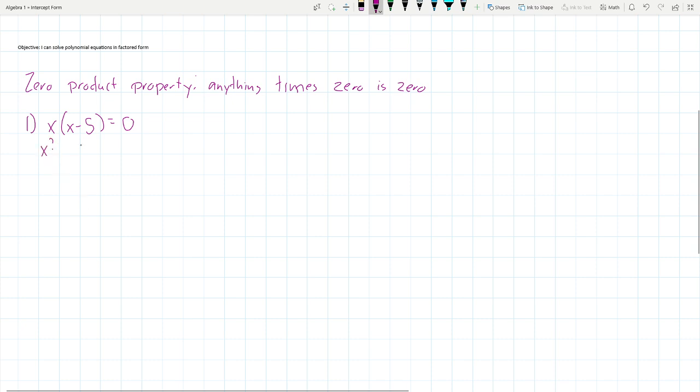And we actually wind up having two values for x, and we'll see why in a second. The big idea is we want to use this zero product property to make some part of it 0, specifically between multiplication spots. So we have x times, in parentheses, x minus 5.